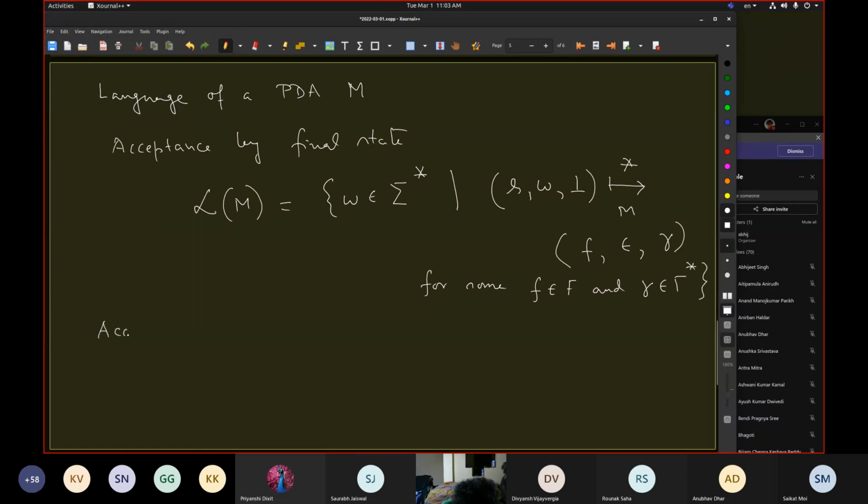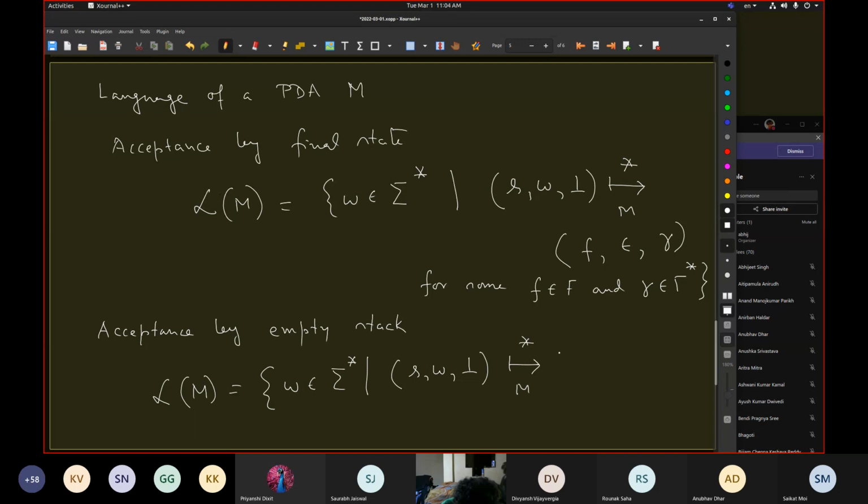And if the machine accepts by empty stack, then the language is defined as the set of all W in sigma star such that the initial configuration changes to the configuration Q, epsilon, for any Q in Q. Stack should be empty.